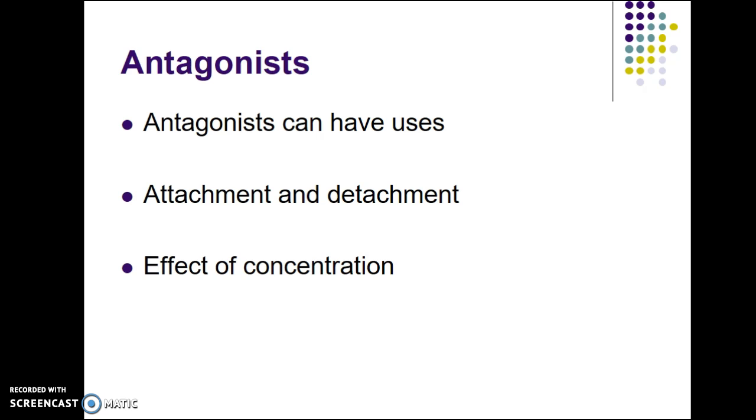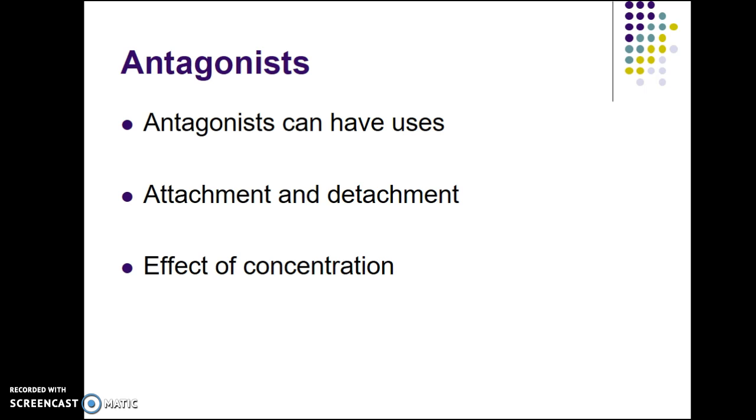So antagonists can have uses, and typically what they are used for in veterinary medicine is as reversal agents. So they may come in and block the receptors. Let's say we give an anesthetic or a sedative type injectable drug, and that drug exerts an effect on its receptors.